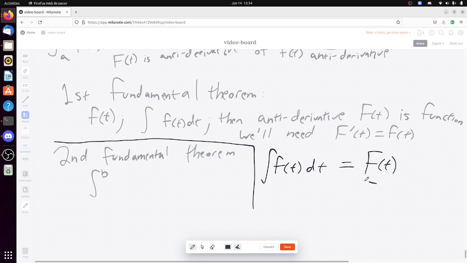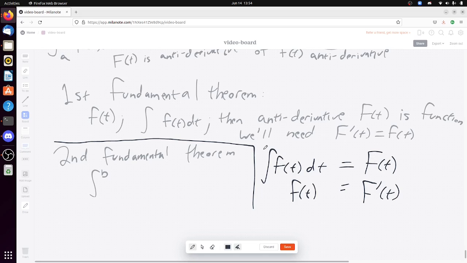If you take the derivative of this, like we said up here, the derivative of big F is equal to little f. Looking at it through this lens, the derivative and the integral are sort of inverse operations. If you take the indefinite integral of little f, you get big F, and if you take the derivative of big F, you get little f, what you started with.